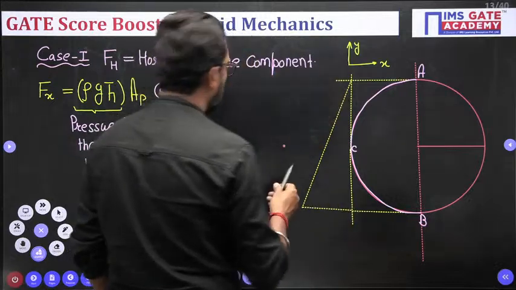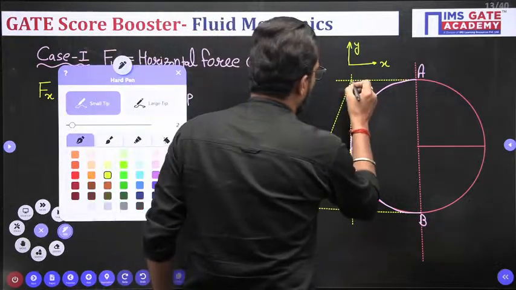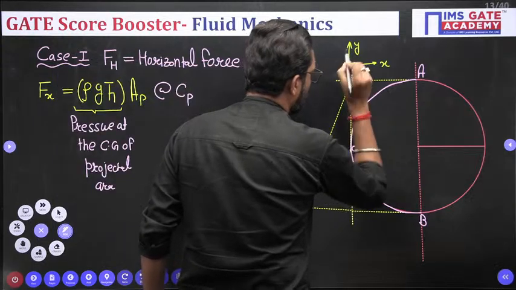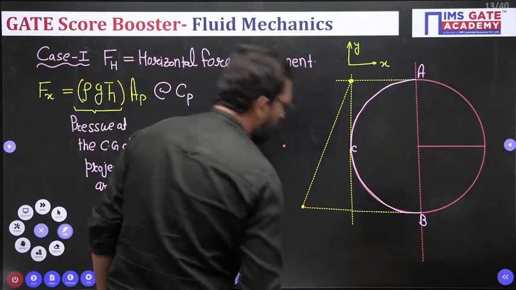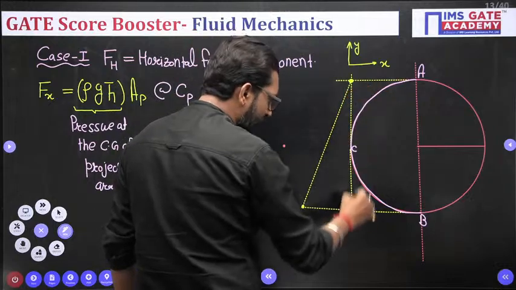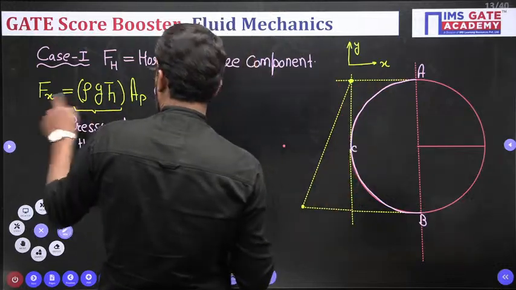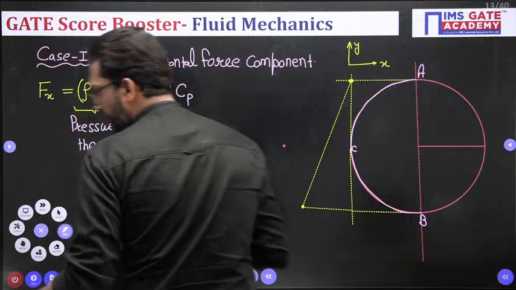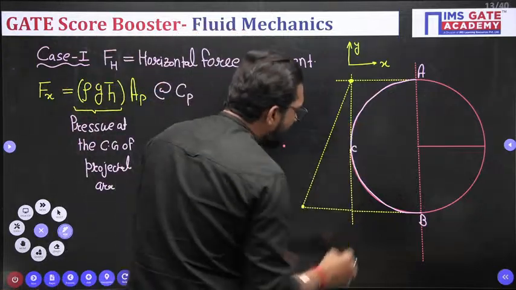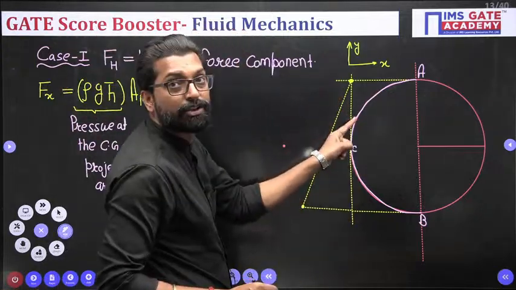Here the gauge pressure is 0. Here the pressure is maximum. So Fx, the horizontal force, acts at the centroid of the pressure distribution.